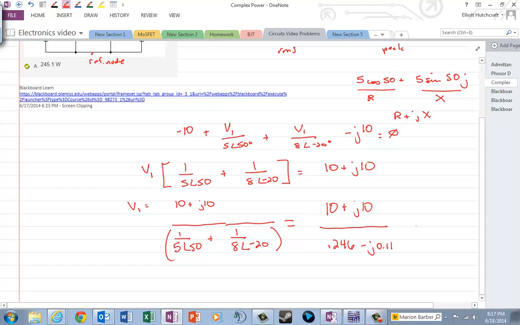In polar form, that would be, not that this really matters, 0.27 angle minus 24.2 degrees.